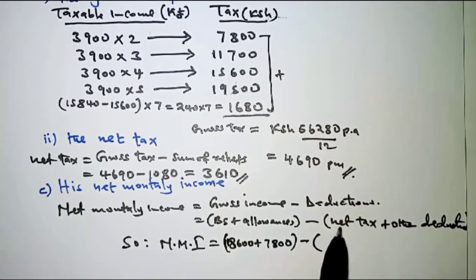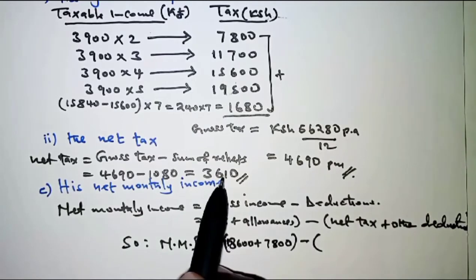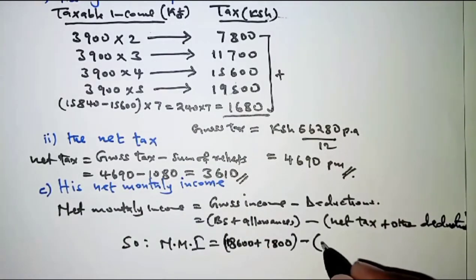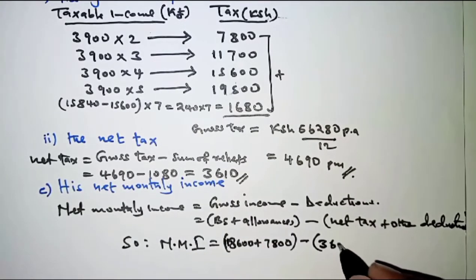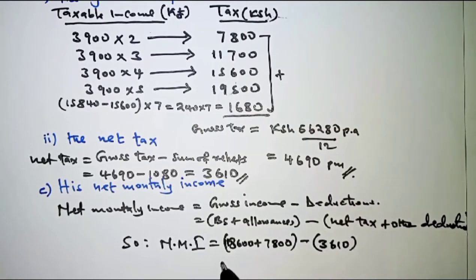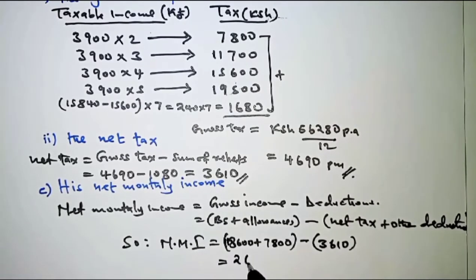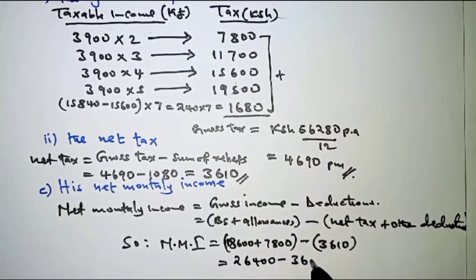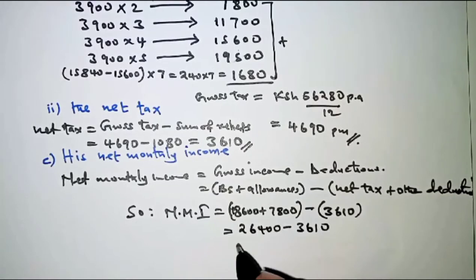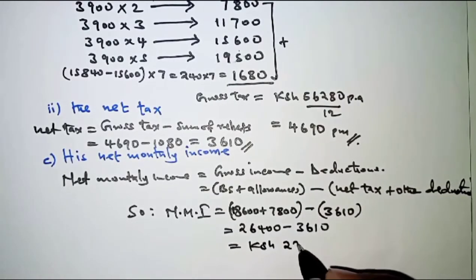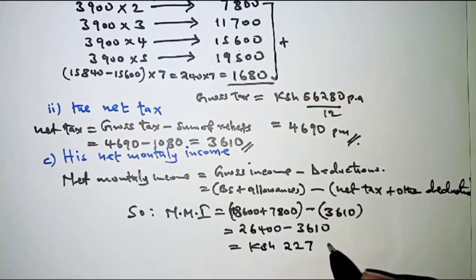So far we only have the net tax, which we've already obtained as 3,610, and there's no other deduction, so this is what we subtract. So we'll have 26,400 minus 3,610, and that finally gives us 22,790 Kenyan shillings.